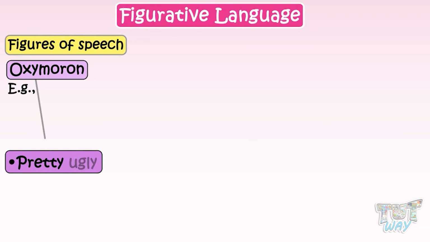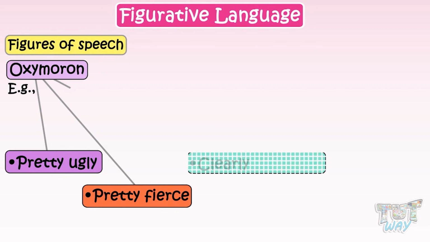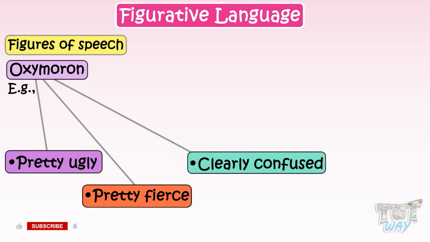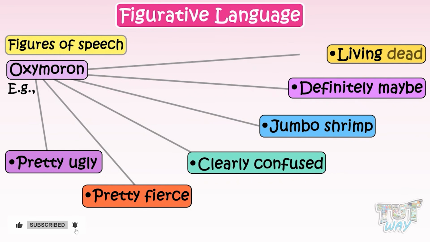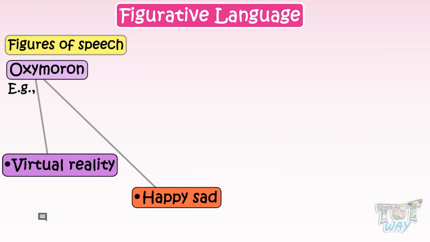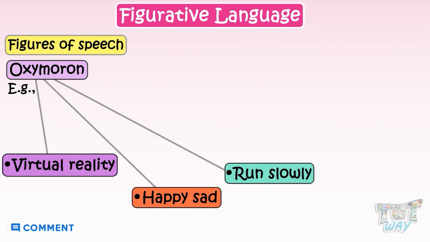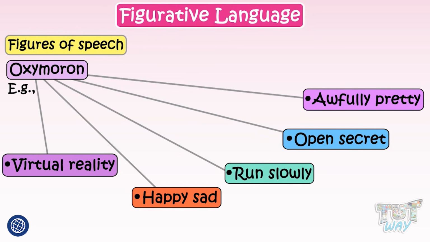Pretty ugly. Pretty fierce. Clearly confused. Jumbo shrimp. Definitely maybe. Living dead. Virtual reality. Happy sad. Run slowly. Open secret. Awfully pretty.